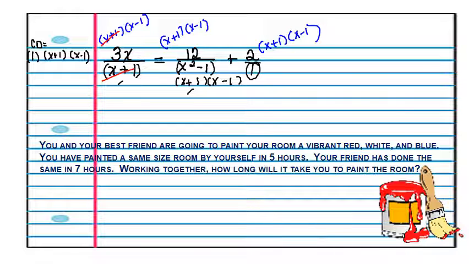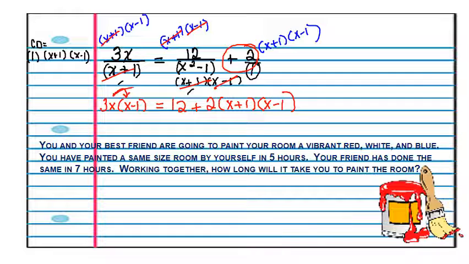Goodbye, goodbye. Leaves us with 3x times x minus 1, equal sign. Ditch, ditch, ditch, ditch. Leaves us with a 12. And the 1, that's obviously going to leave us with a plus 2. So there's our plus 2 times the x plus 1, the x minus 1.